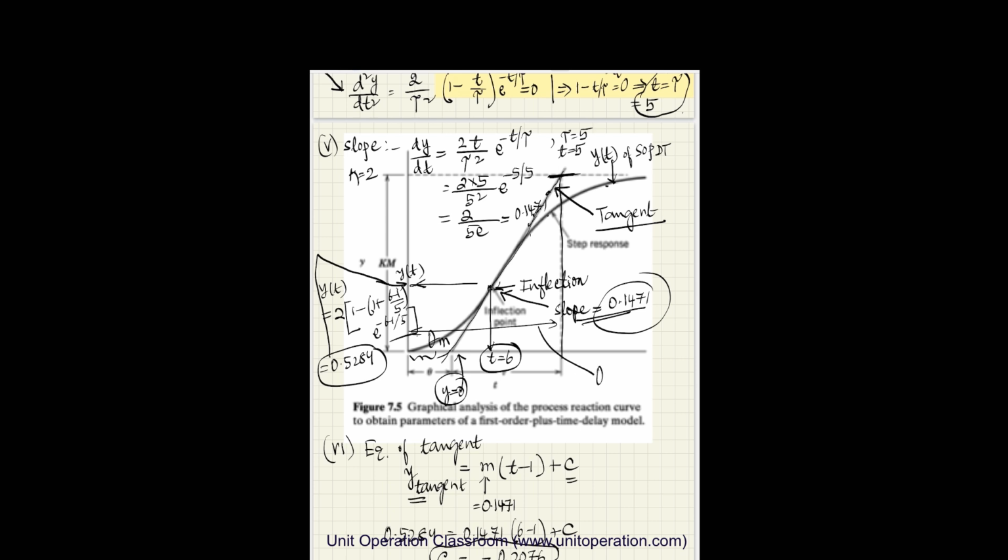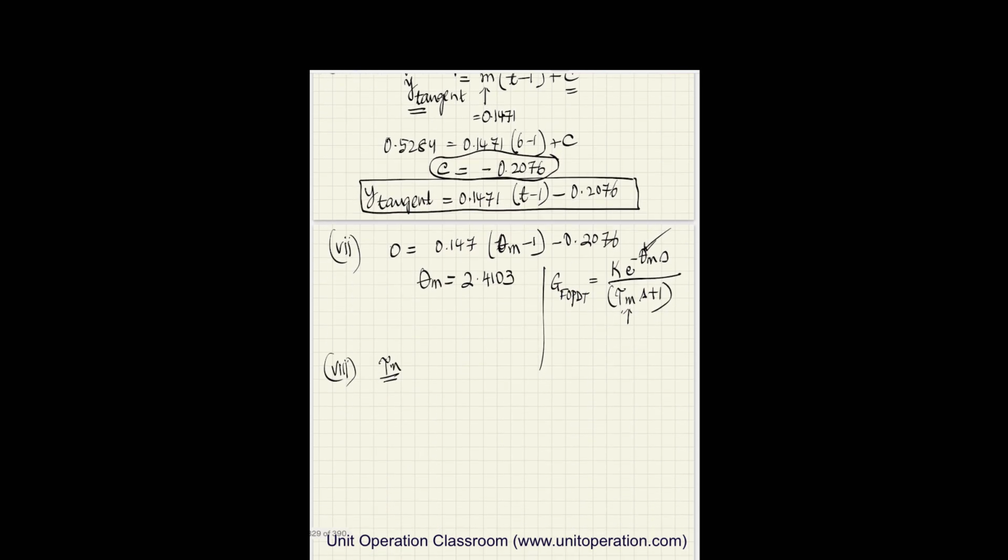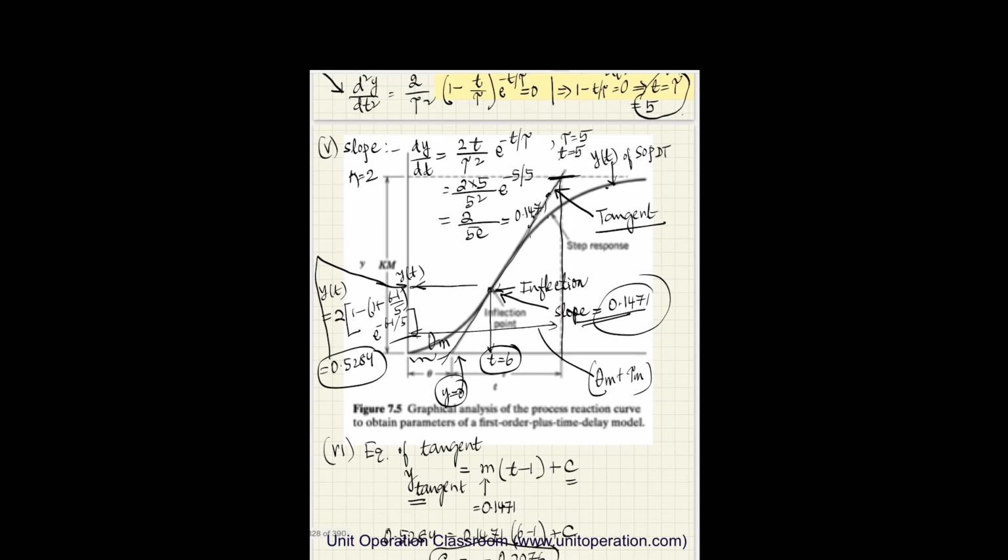Okay? So we have to now find out the value of tau m. So we say 2 because it is intersecting this line of y equal to 2 here, and this is my tangent. So intersection of y is equal to 2 and the tangent line.